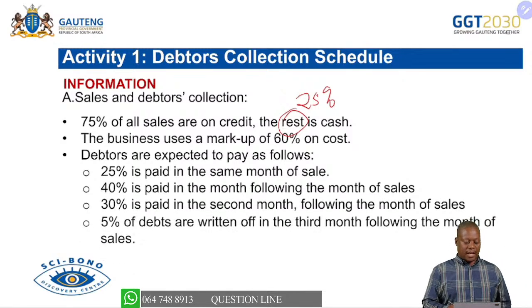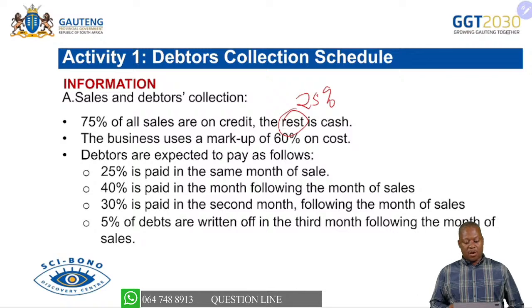They go on to say 5% of the debts are written off in the third month following the month of sale, which simply means if you are selling in January, you collect 25% in January, you collect 40% in February, you collect 30% in March.